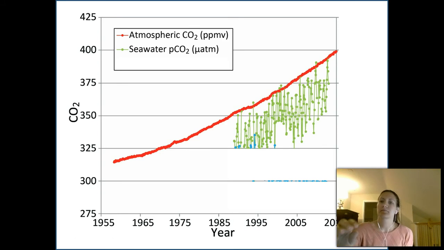But what you notice is that although there's a lot of variation, it's still increasing. And we expect that. As carbon dioxide in the atmosphere goes up, we would expect that carbon dioxide in water goes up. So this supports our claim that the ocean and atmosphere are in equilibrium with carbon dioxide.